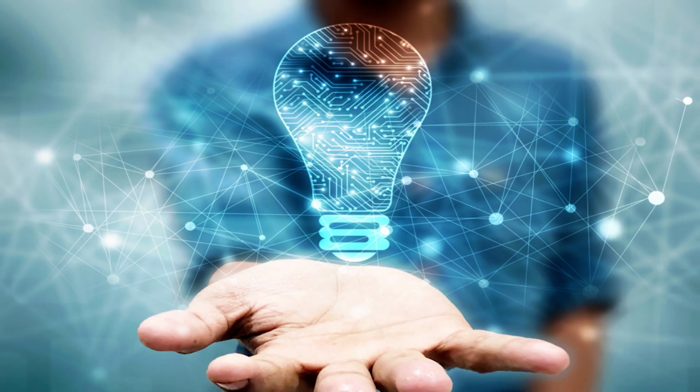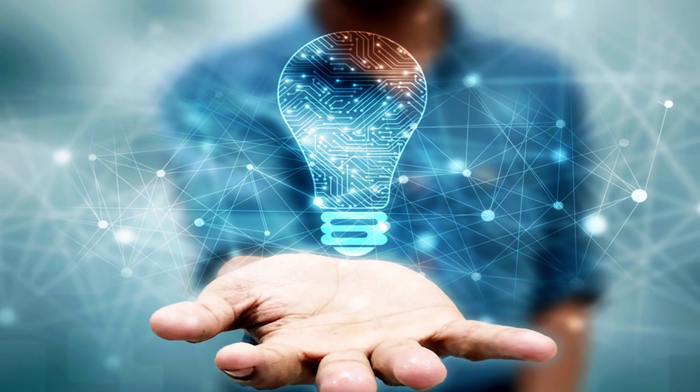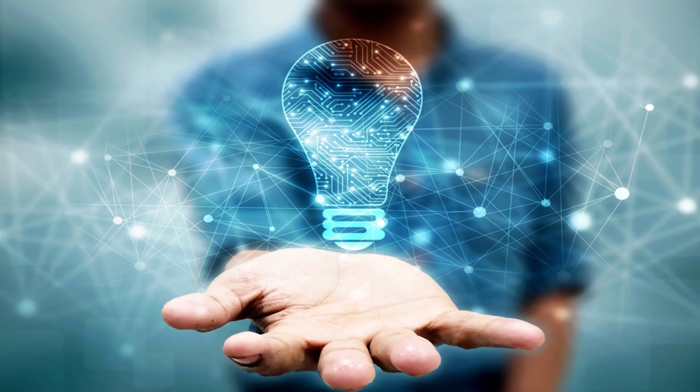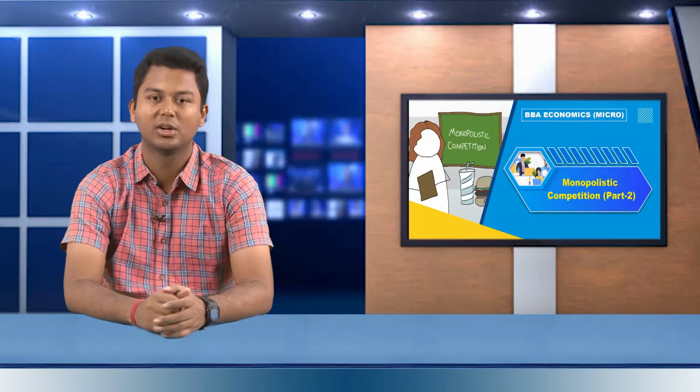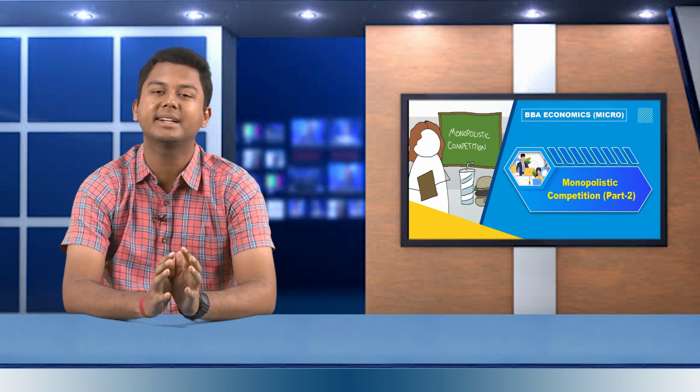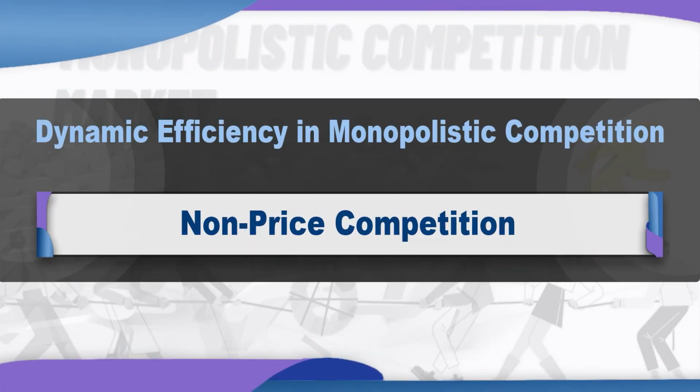So firms in monopolistic competition have an incentive to innovate and differentiate their products to maintain a competitive edge. This can lead to dynamic efficiency as firms seek to improve their products, services and processes to attract more customers.